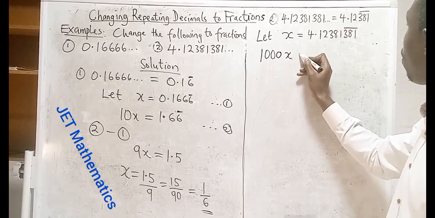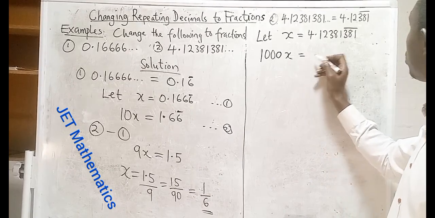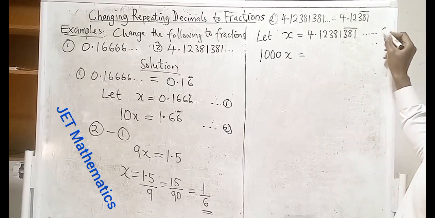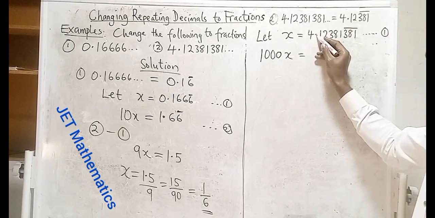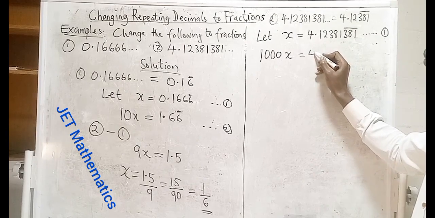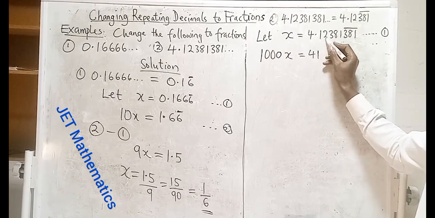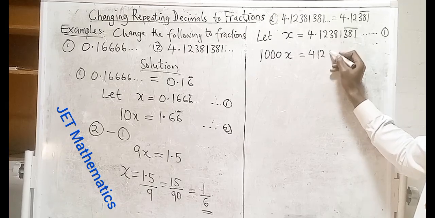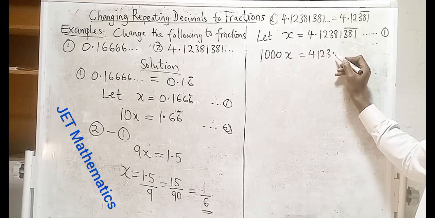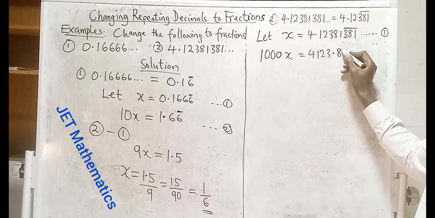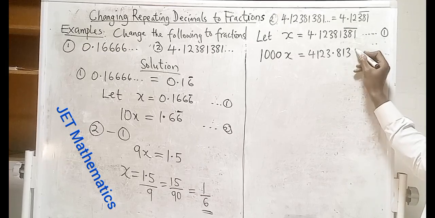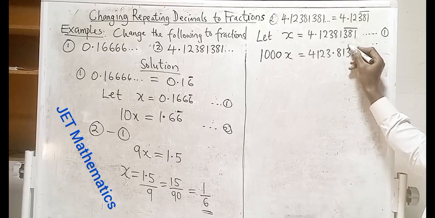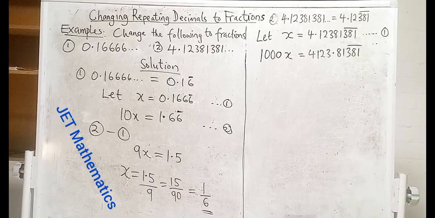So 1000x, please mind you, we'll call the first one equation 1, is equal to, multiplying by 1000, 4123.81381, and remember this is the repeating side.